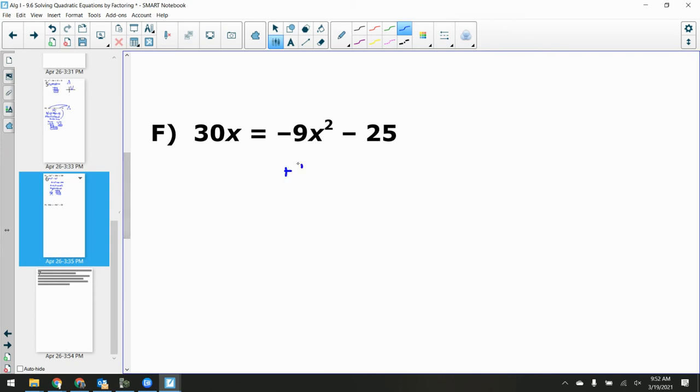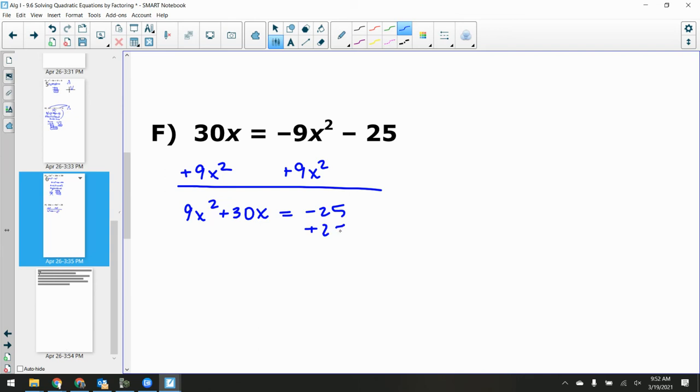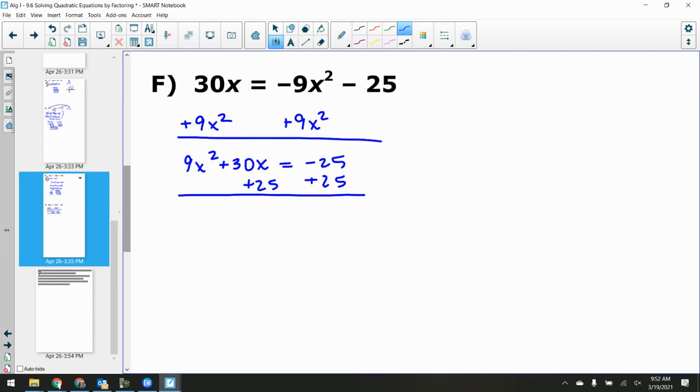I add 9x squared over to the other side. So next step is going to give me 9x squared plus 30x is equal to negative 25. And now I add the 25 over to the other side. I guess I could have subtracted the 30x over.